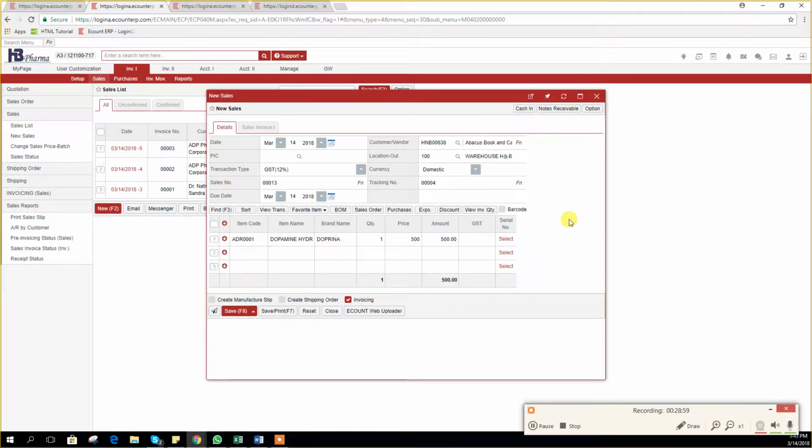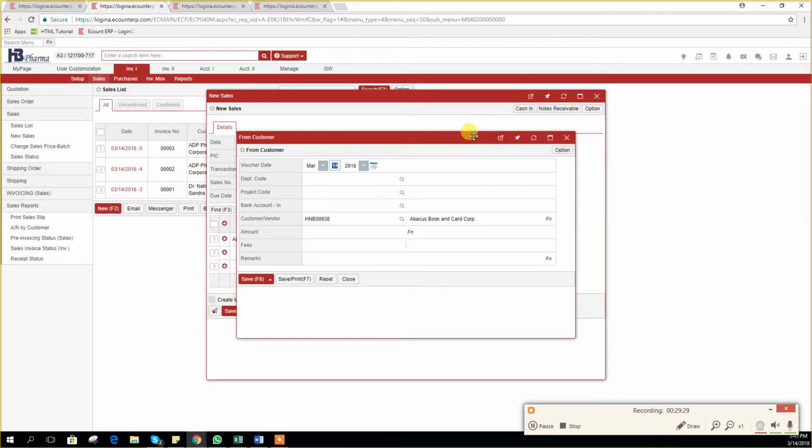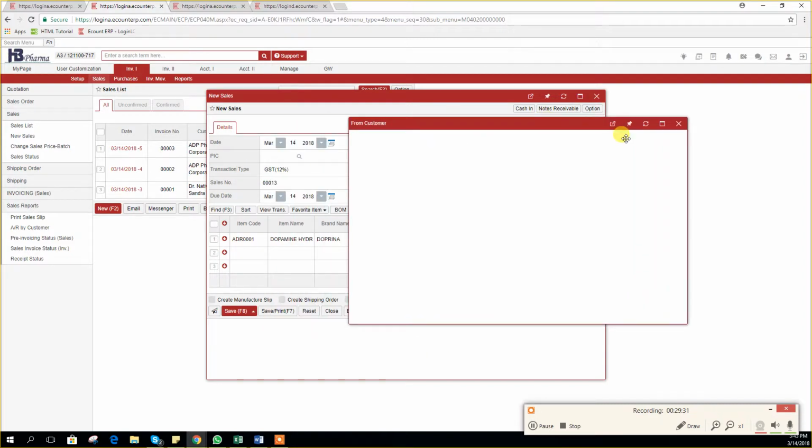So if the customer pays you in cash, what to do? It is not receivable, it is cash. You receive cash inside your bank. So what to do with that? There is a button called cash in. Yes, there must be some reason for this button, isn't it? So what to do?